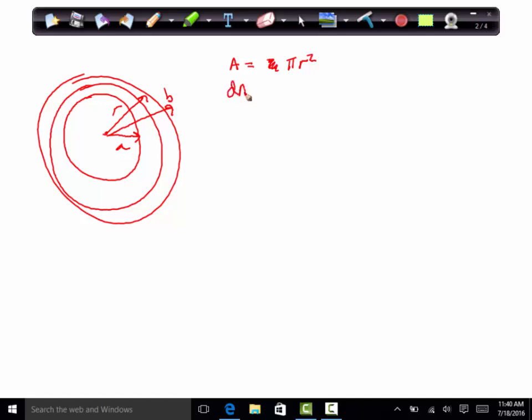So the differential area at every radius, sort of the shell that represents one row of seating all the way around, is given by 2 pi r dr. And here you can see this is the circumference of a circle multiplied by the thickness of a circular shell, which is the row thickness.